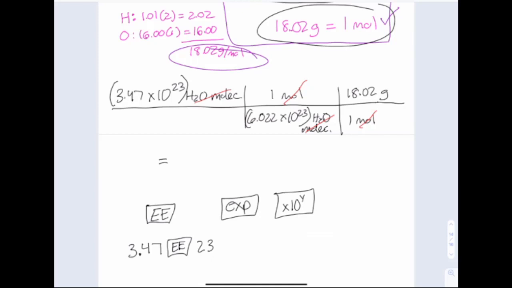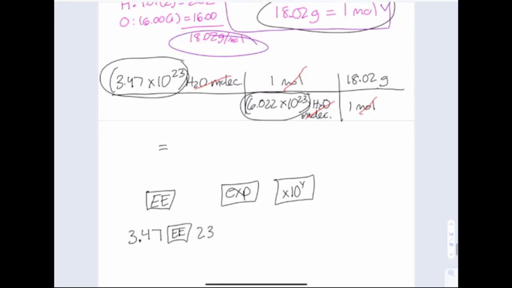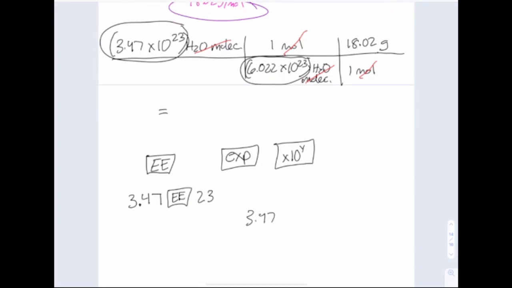Then it's going to take that entire answer and multiply it by 10 to the 23rd. It's not going to take this and divide it into this, right? It's going to take 3.47 times 10 to the 23rd, divide it by 6.022, and then multiply that entire answer by 10 to the 23rd.